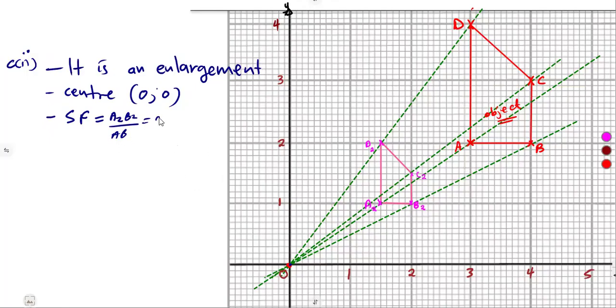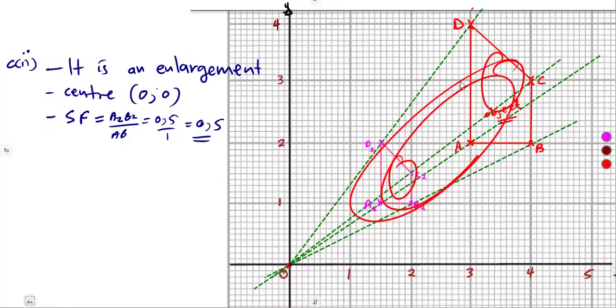Remember, it gave us 0.5 over 1, which is 0.5. So our scale factor is 0.5, or 1 over 2 as a fraction. And it is positive, as we calculated, we saw there were positive values. Also, if you check the way we have it, the object and the image are on the same side.